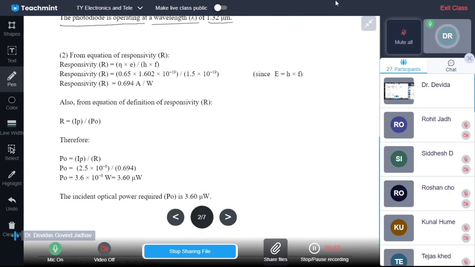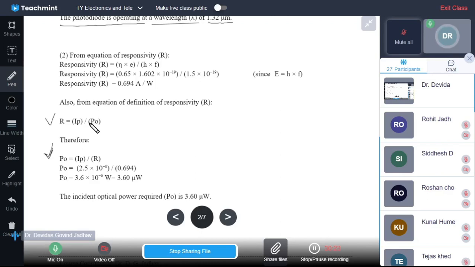Now second is the power PO that we have to calculate. But what is the power equation? Power is in the equation of responsivity. R is equal to IP upon PO.